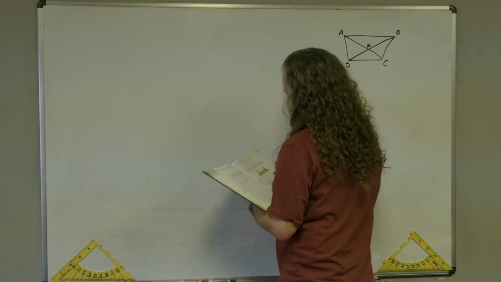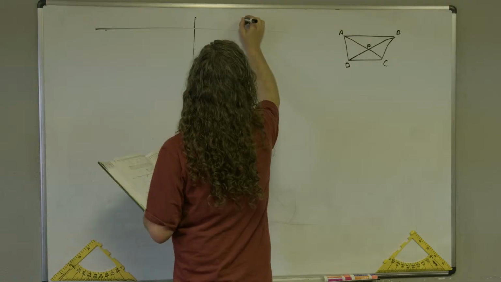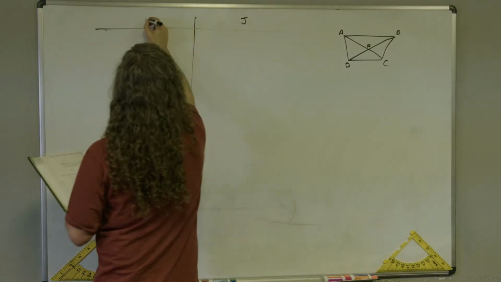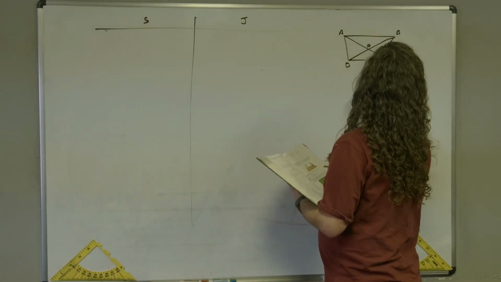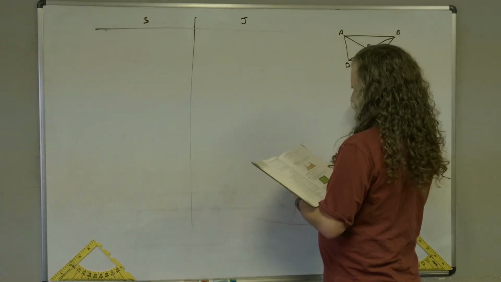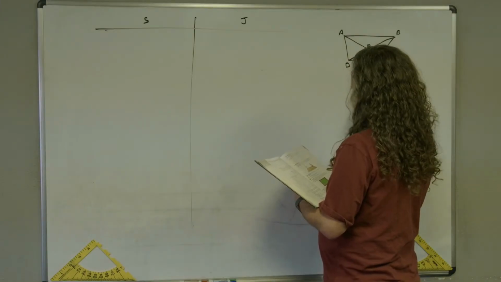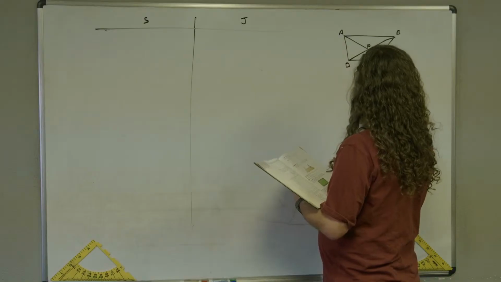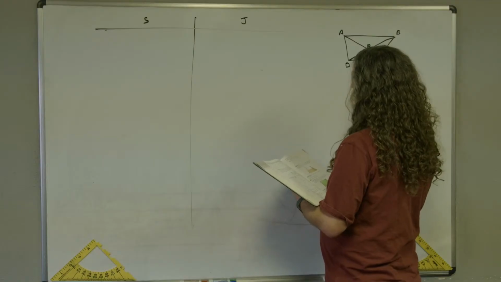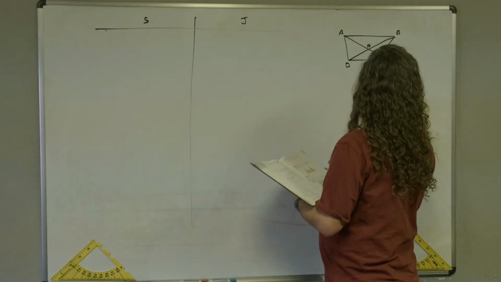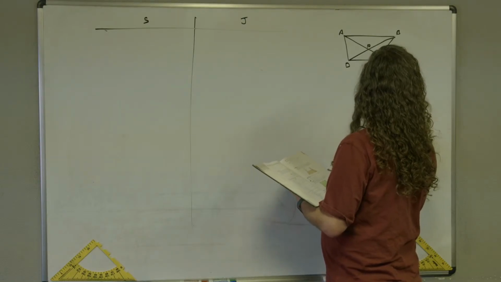We're told it's a trapezoid, and we're supposed to prove that the measure of DP to the measure of PB equals the measure of CP to the measure of PA.